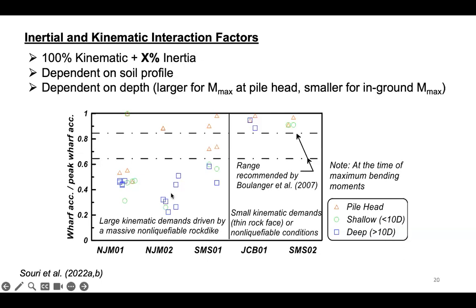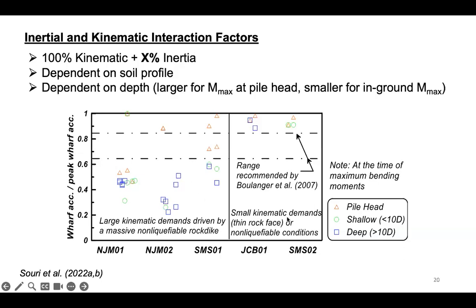Going back to the first result, what's common between these three tests is a deep liquefiable layer with a massive non-liquefiable rock dike. And what's common with these two profiles is either no liquefaction or a pretty shallow liquefiable layer with a thin non-liquefiable crust.